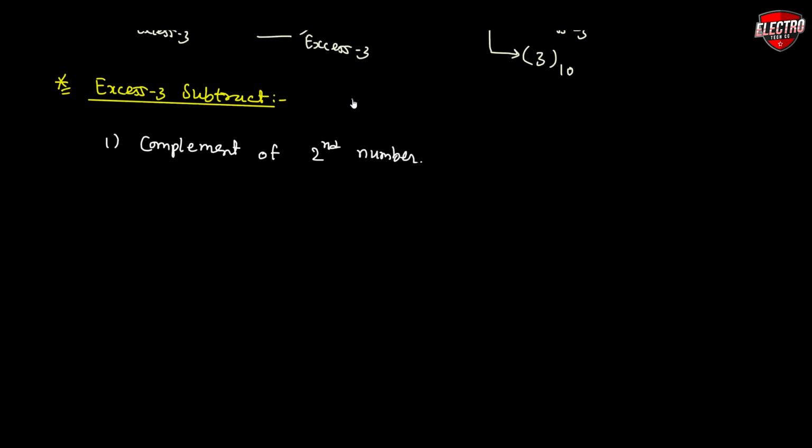For example, we have two numbers, a and b, and we want to subtract b from a. So we have to take the complement of the second number, and the second number is b. Then add the complemented second number to the first one.